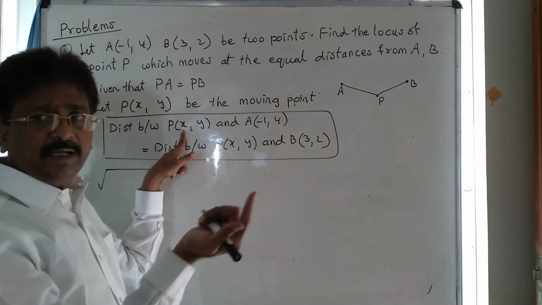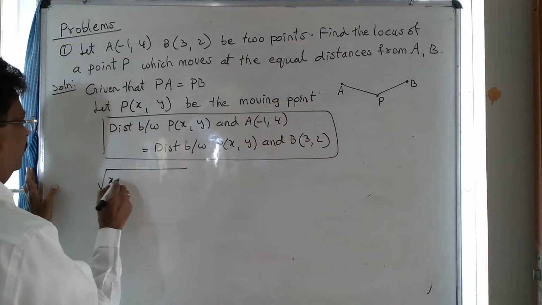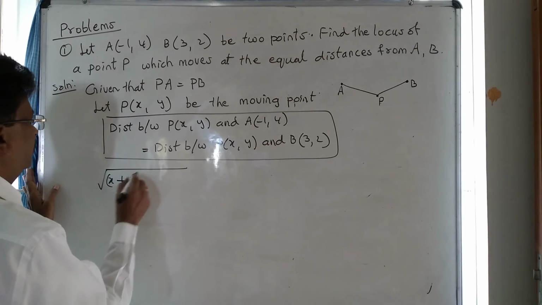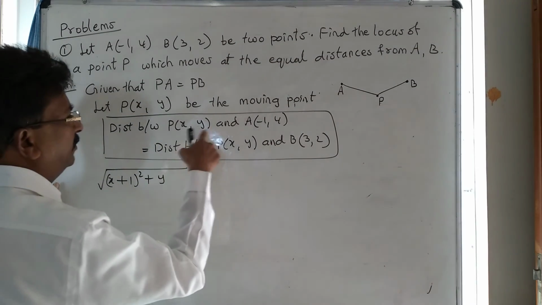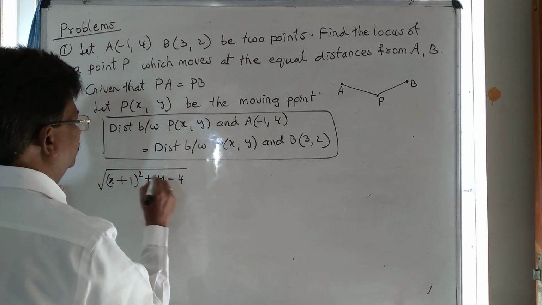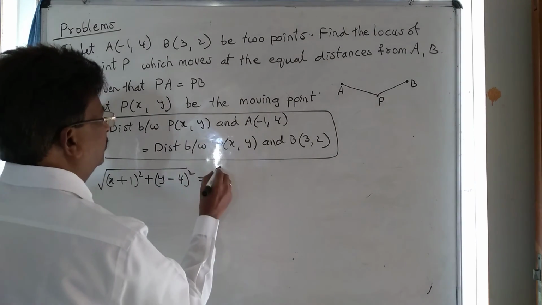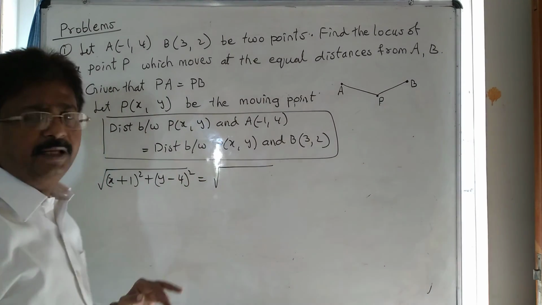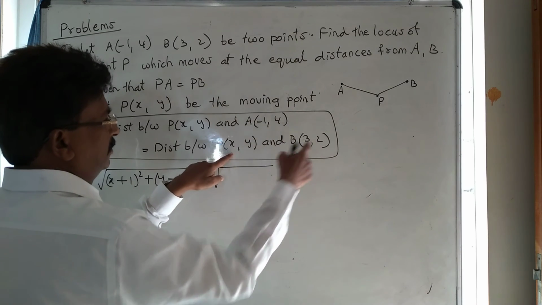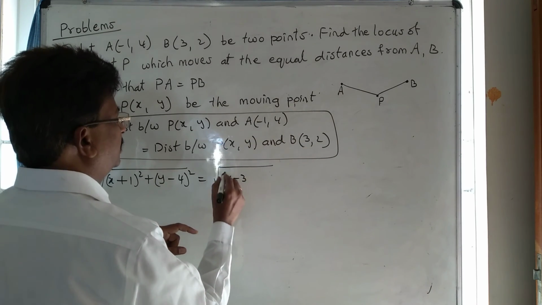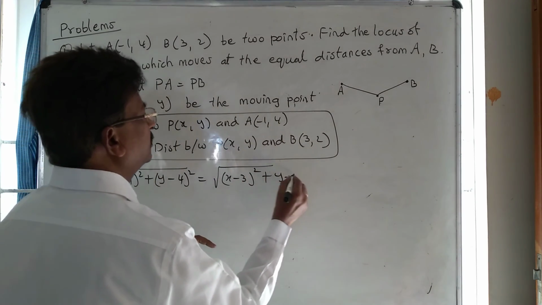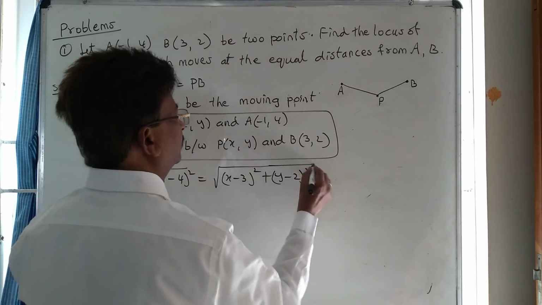Formula is x1 minus x2, x minus of minus 1 whole square plus y1 minus y2 whole square. PA is over, and PB is under root of x minus 3 whole square plus y minus 2 whole square.